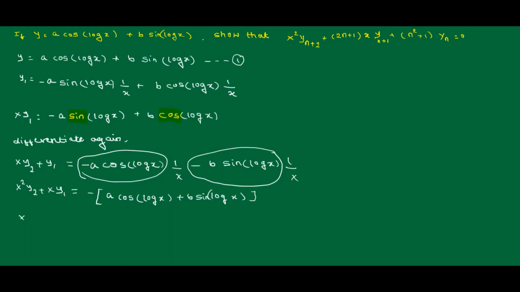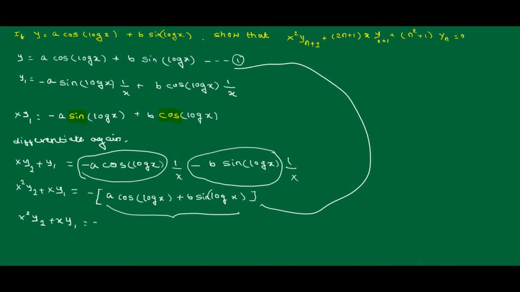Then x square y2 plus x y1 is equal to minus into. So this is nothing but equation number 1, because this value is equal to y. Y value is equal to a cos log x plus b sin log x. So this is equal to minus y. I will write here, since from equation number 1.